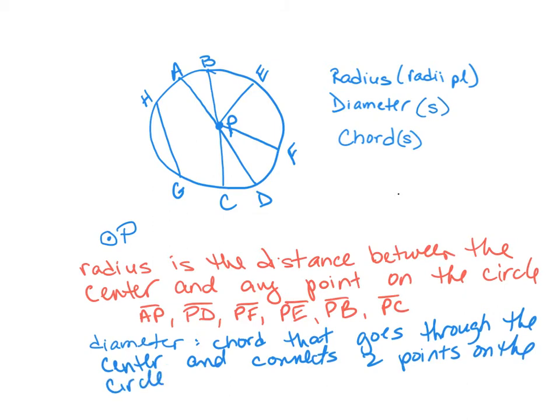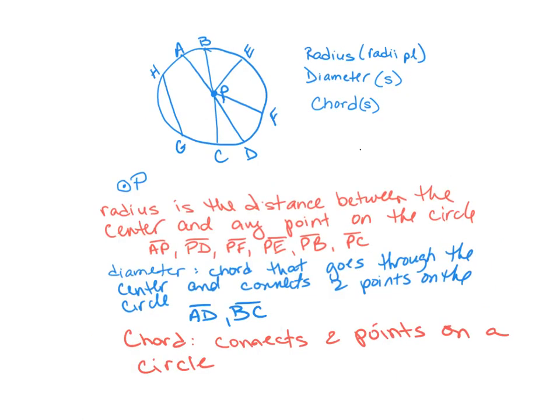So the diameter is all the way across. How many diameters do you see in this picture? So a chord connects 2 points on a circle. It does not have to go through the center, but it can go through the center. So any diameter is a chord.